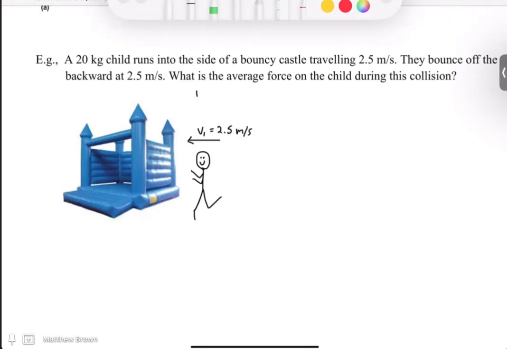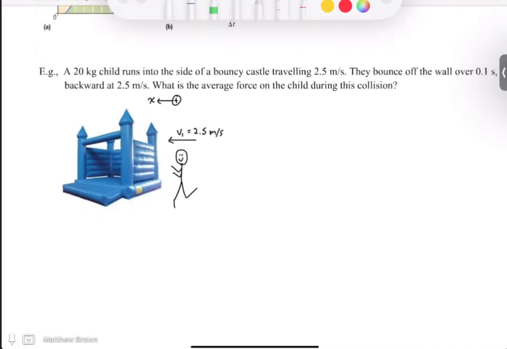Like I said, I'll make that the positive direction here. We can call it x, but it doesn't really matter because I don't even need a y in this case. So that's positive. It starts out positive, and then we know v2 is going to be negative.